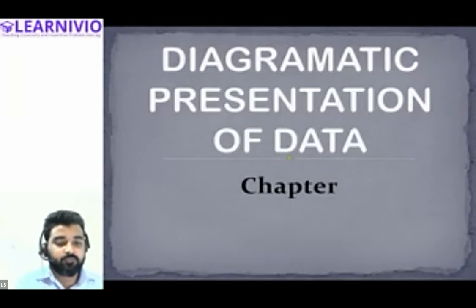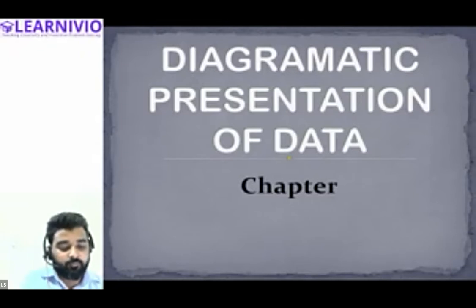The first chapter that we did in statistics was collection of data. Collection of data was all about how an investigator conducts a statistical inquiry and collects various kinds of information, and the different methods by which he can collect information.